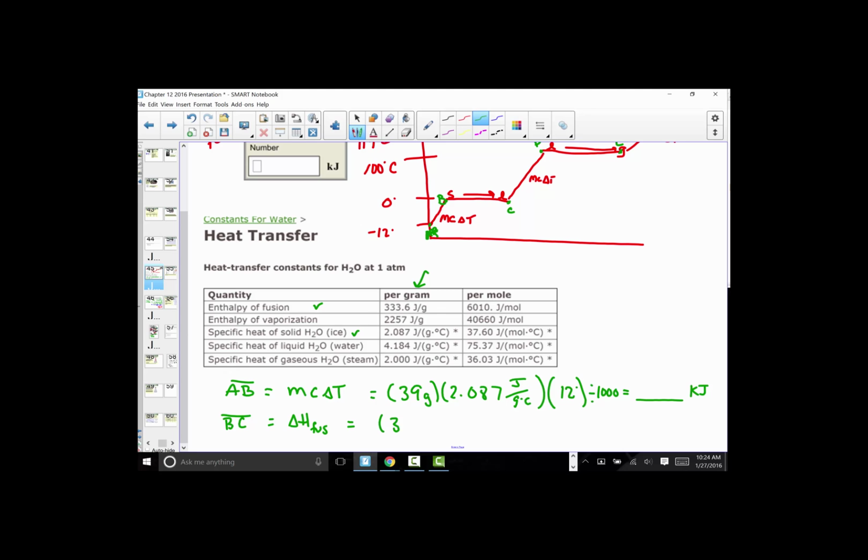We had 39 grams in my story problem, and I'm simply going to multiply by 333.6 joules per gram, the amount of energy needed to melt a gram of ice. And I'm also going to divide by 1,000 to make sure my joules converts into kilojoules, so at the end I can add like units.